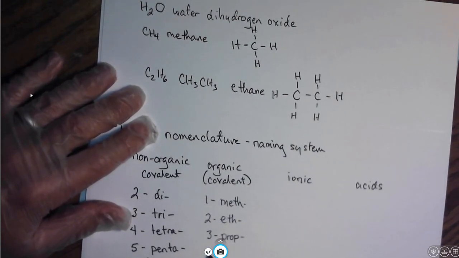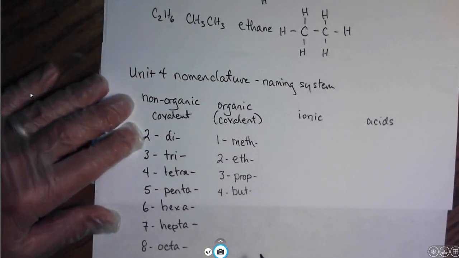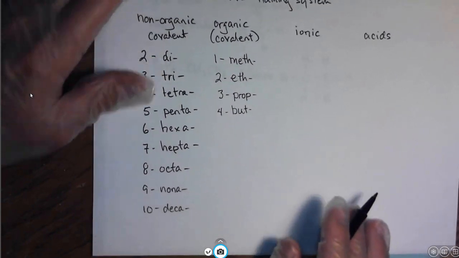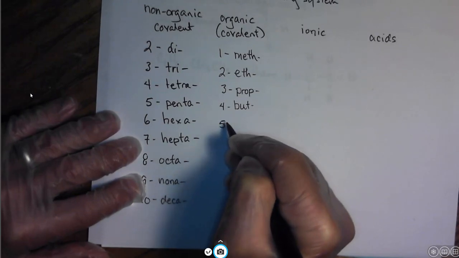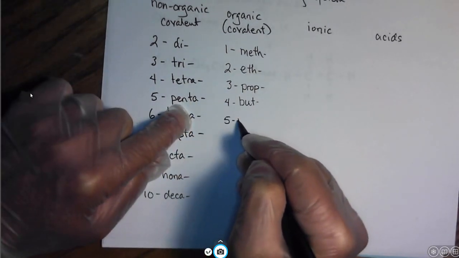And the root name for 4 is bute. Please try to remember not to mispronounce that. It's bute. The root name for 5 is kind of like this 5, only without the A on the end. It's pent.